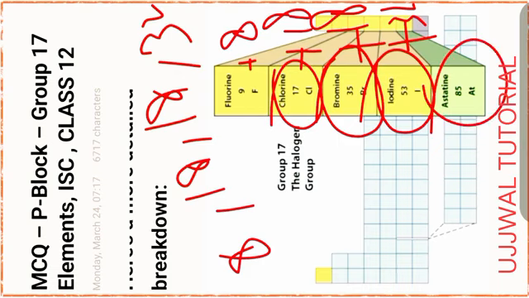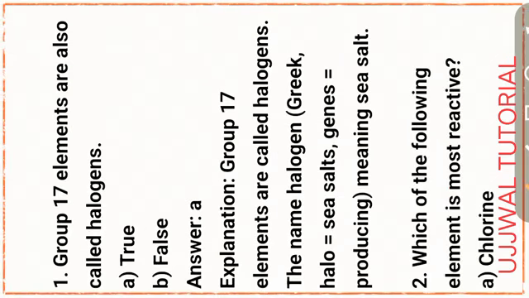Now we discuss the very important MCQs based on ICSE class 12 P block group 17. Question number 1. Group 17 elements are also called halogens. This statement is true.